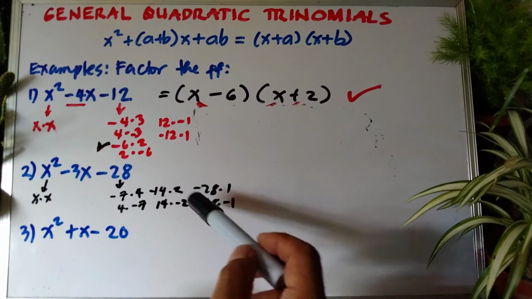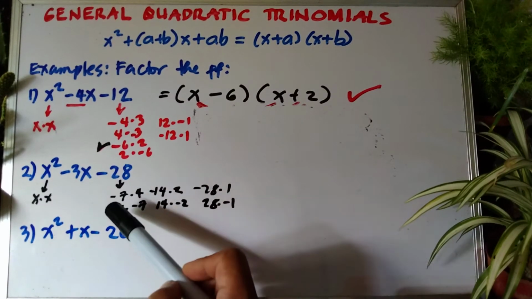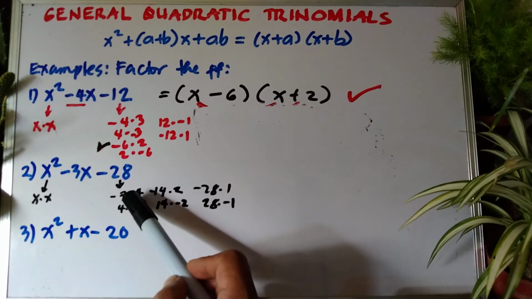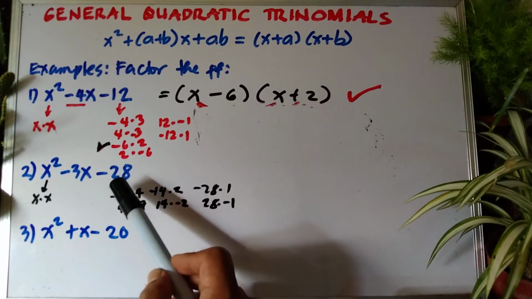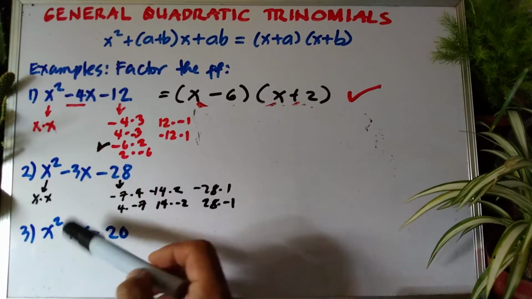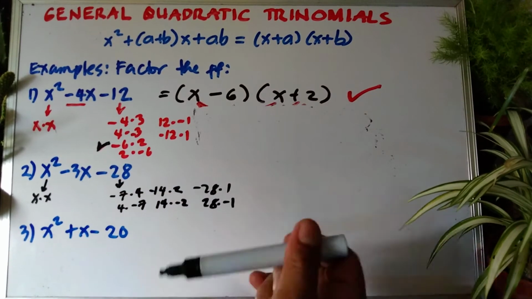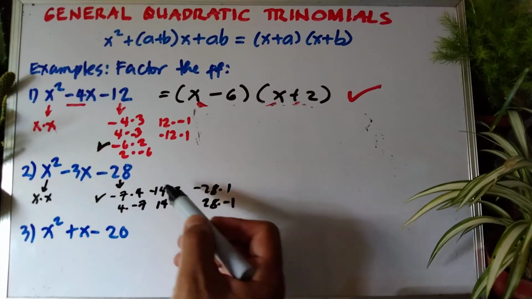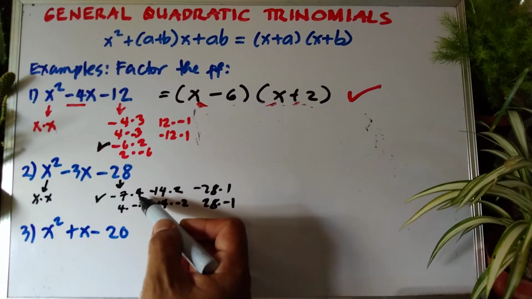Okay? Saan kaya dito? Of course, we've tried negative 7 times 4 is negative 28. Negative 7 plus 4, di ba negative 3? So, ibig sabihin, ito yung gamitin natin, si negative 7 at saka si positive 4.